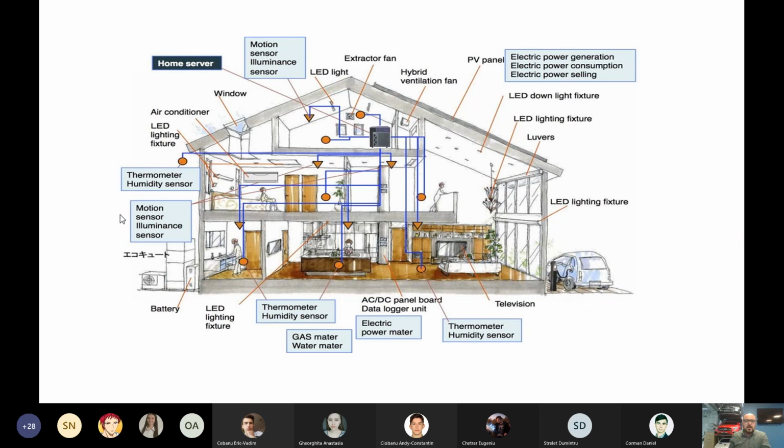Let's say a motion sensor: we can see that someone is in the room. A humidity or temperature sensor shows the temperature in the room and outside, and we can adapt it to a more comfortable temperature.